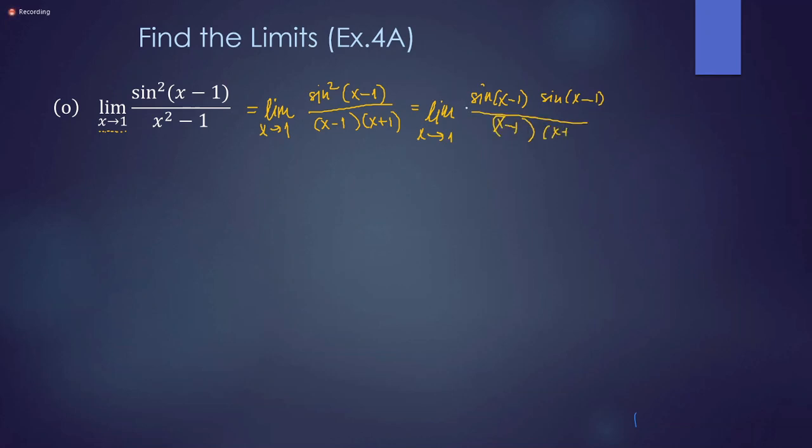So this limit is sine t over t when t tends to 0. So this limit is 1. However, here we see when x tends to 1, we have sine of 0. When x tends to 1 in the denominator, we have 1 plus 1, that's 2. So this limit is 0.